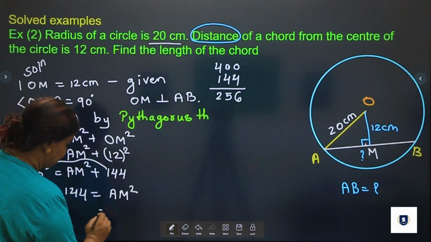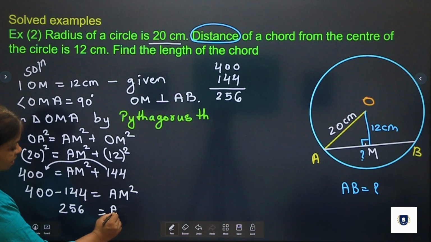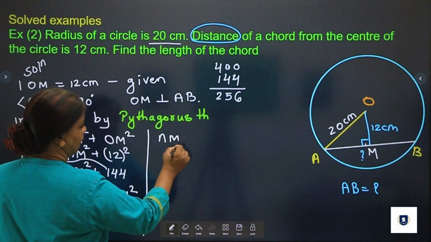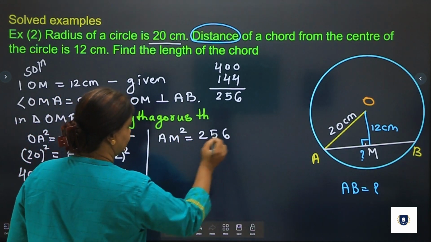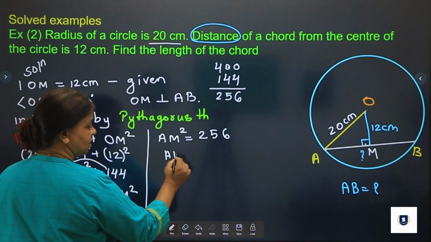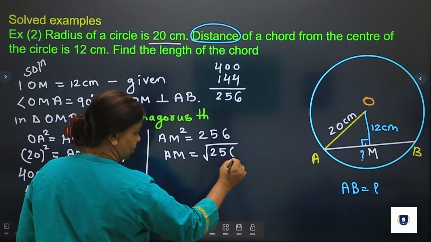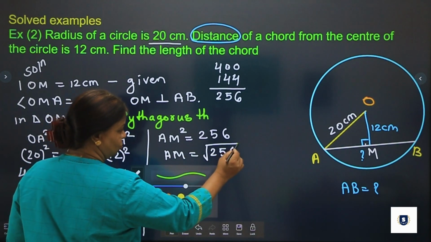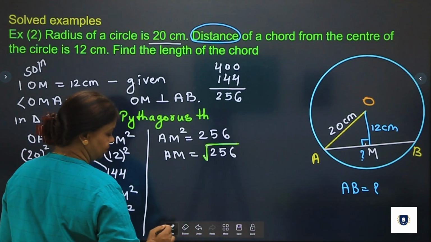So you will get 256 is equal to AM square. Therefore, AM square is equal to 256. So AM is equal to under root 256, because we are removing the square and putting the square root this side. If we remove the square from here, we have to put the square root.